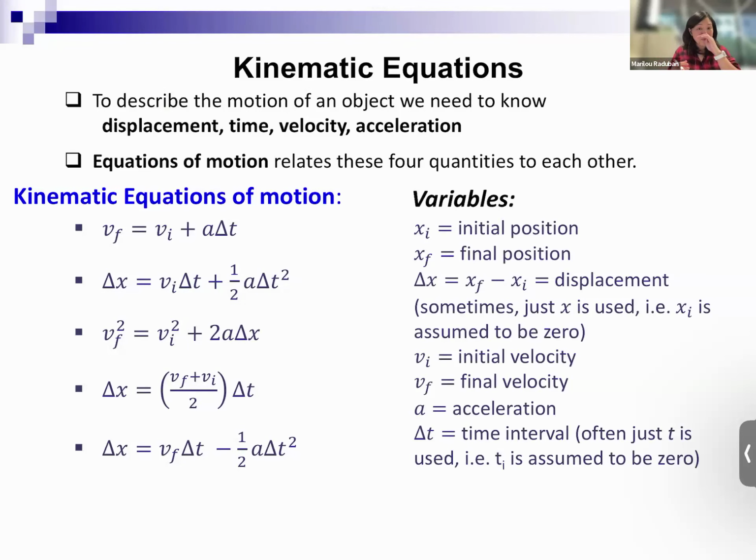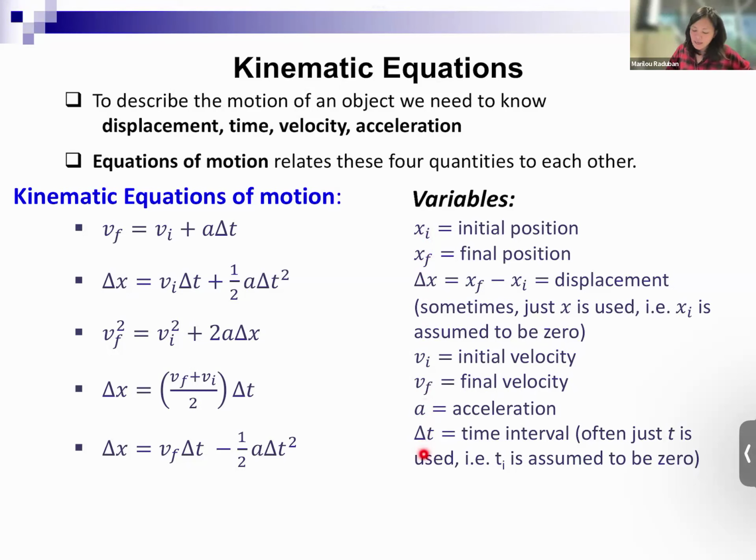You don't have to memorize these kinematic equations, although if you want to, you're welcome to do so. There's no one stopping you. But it's important to know what each of the variables in these equations mean. Because of course, if you use these equations in problem solving, then you have to know what each of the variables mean.